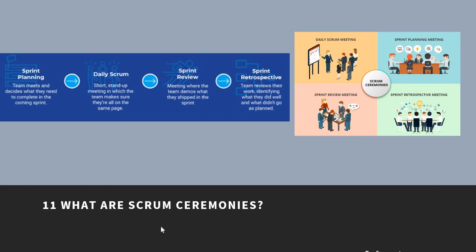Sprint review is the meeting where the team demos what they shipped in the sprint. In the sprint retrospective, the team reviews the work, identifying what they did well and what didn't go as planned. That is the sprint retrospective.